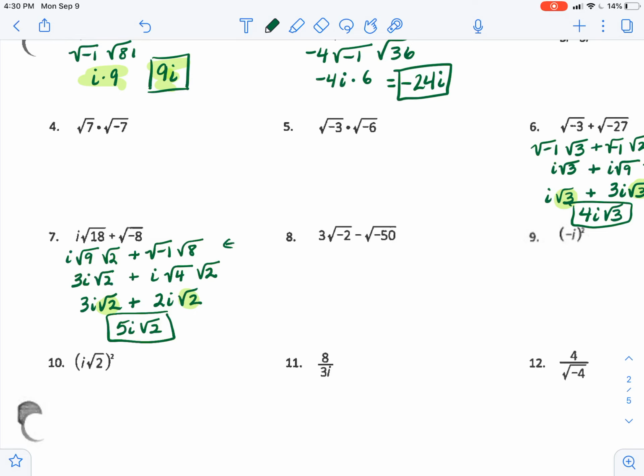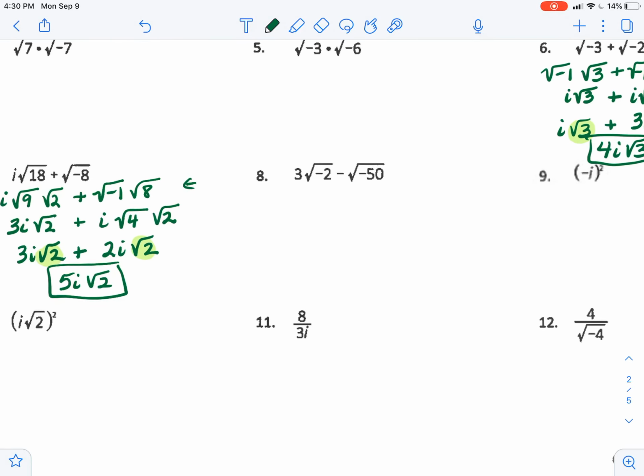Okay, I'm going to do one more of this kind. So the square root of a negative 2. Again, I can break it down into negative 1 and 2. Square root of 50, negative 1. And if you want to go ahead and say, okay, what perfect squares in 50? We did that on an earlier video, 25 and 2. So here, the square root of negative 1 is i.